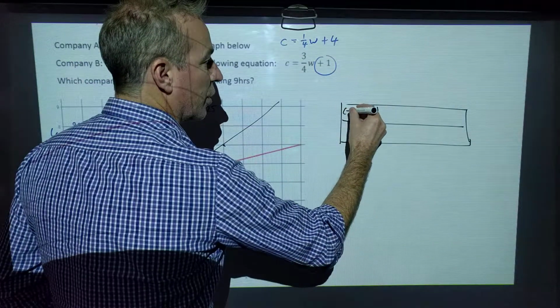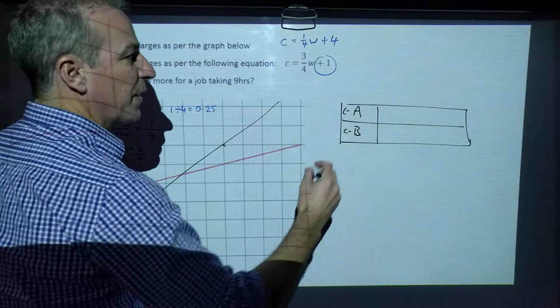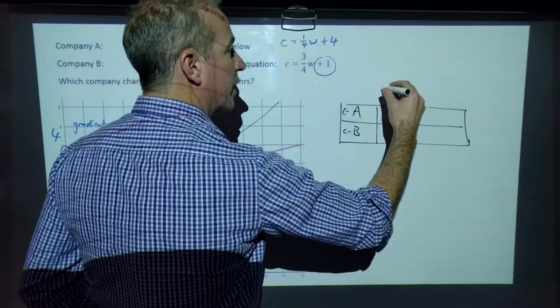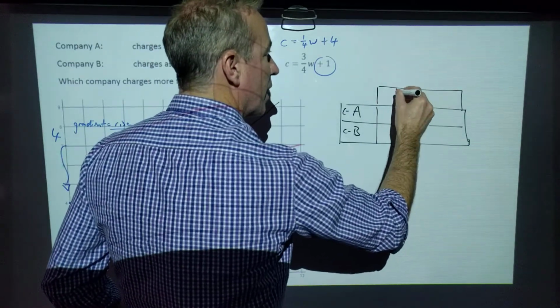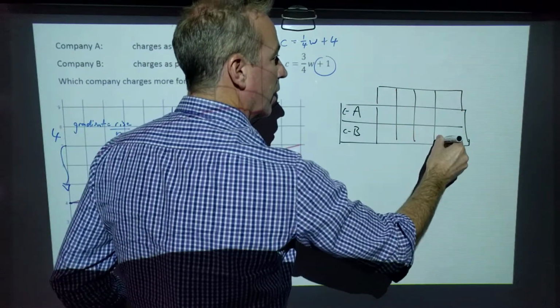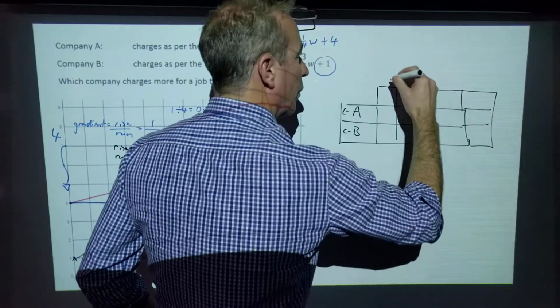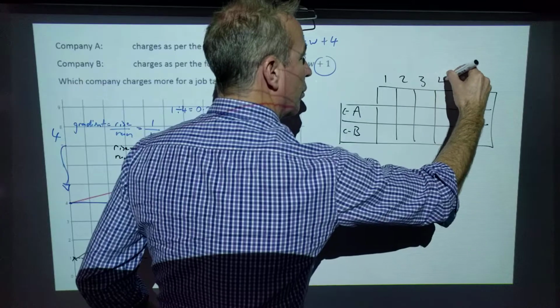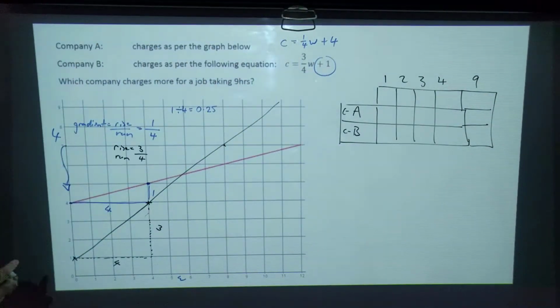So let's say that's the cost for A and that's the cost for B, and this along here is going to be the weeks. So we'd say 1, 2, 3, 4, and then we want to go up to 9.